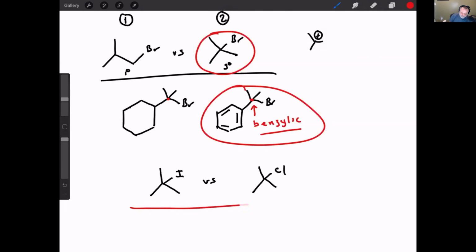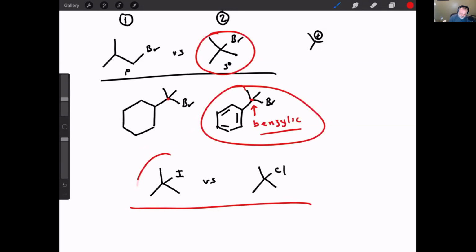What about this set? Which one will react faster in a unimolecular reaction? Well, they're both tertiary locations, but what's different is the identity of the leaving group. Which one's larger? Is iodine larger or is chlorine larger?